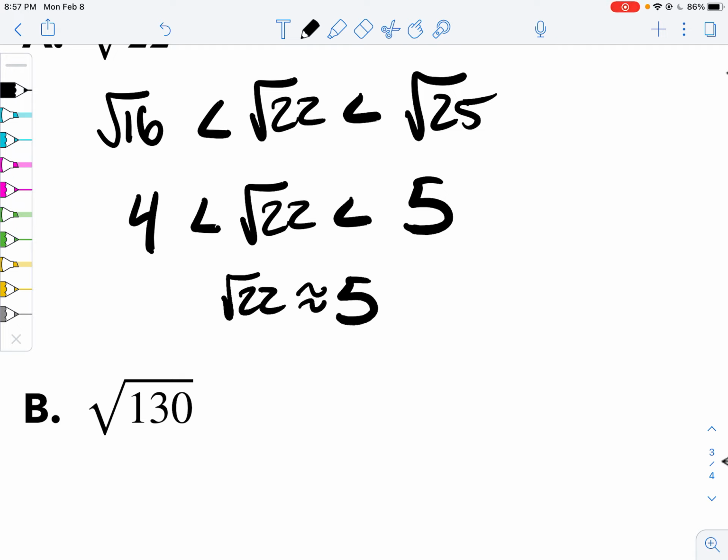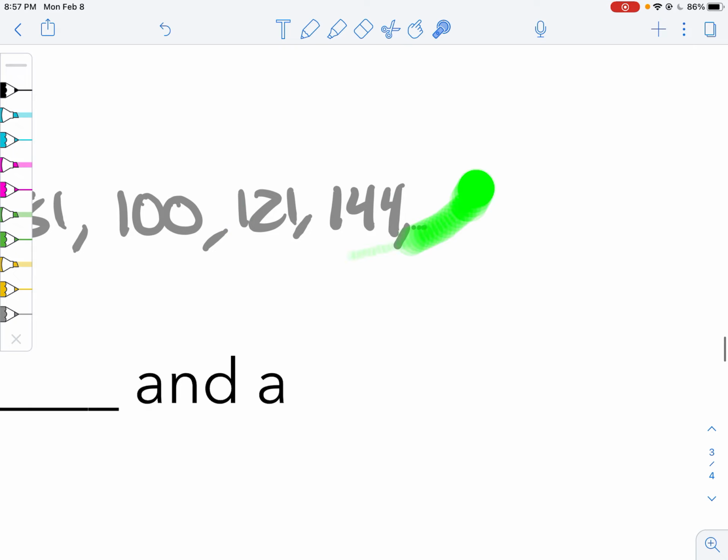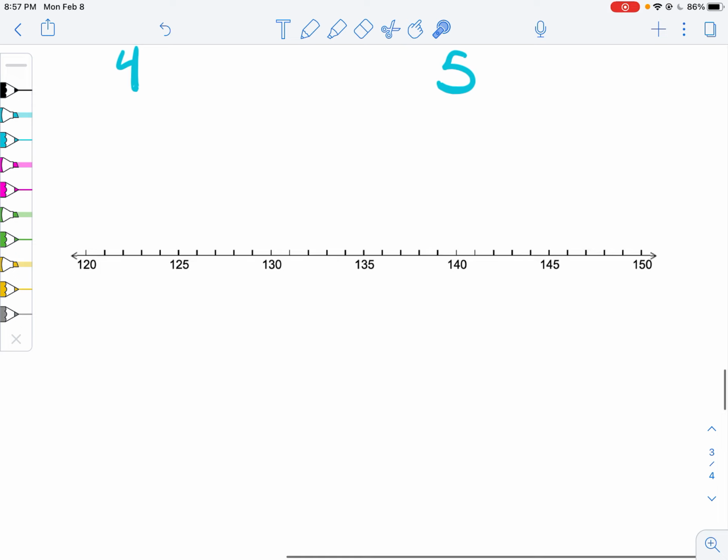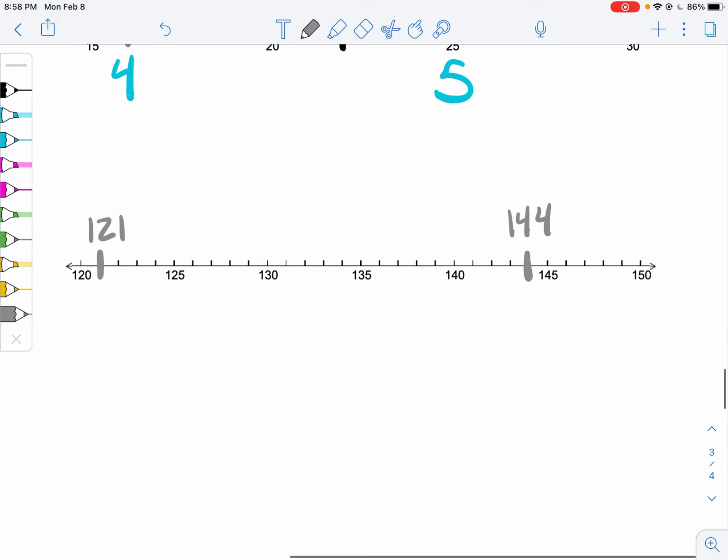Same process. 130. What squares is that between? 121 and 144. So let's mark those on our number line right here. We have 121 and 144. And what are we looking at? 130.